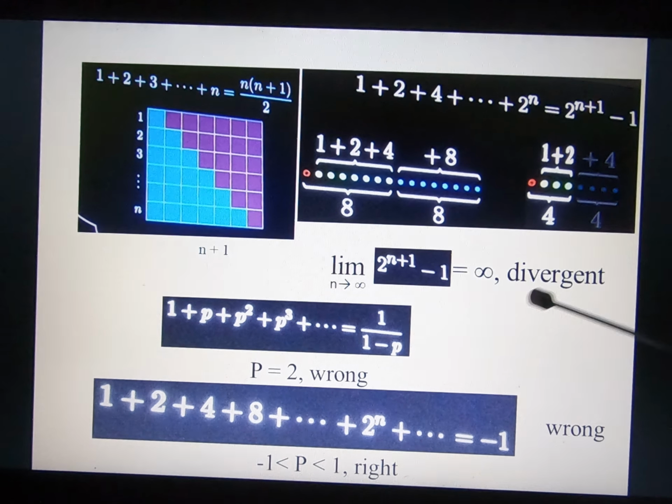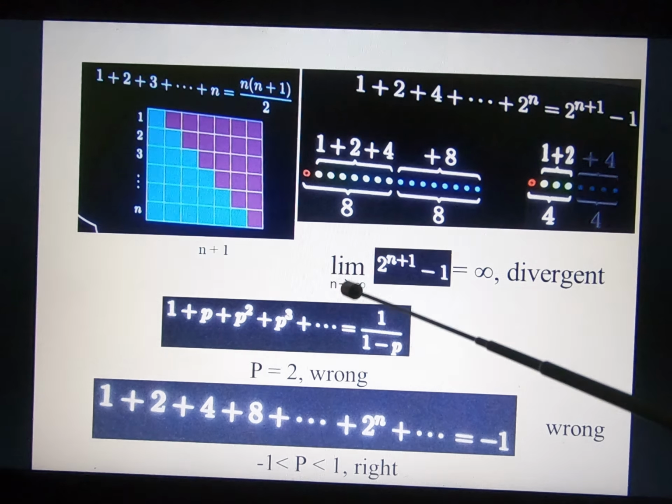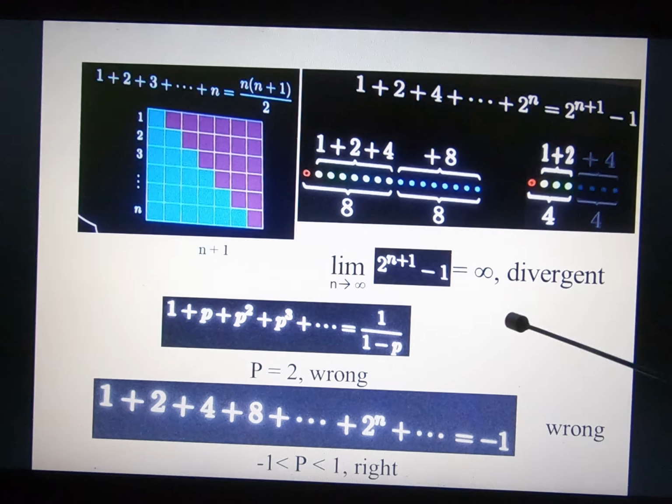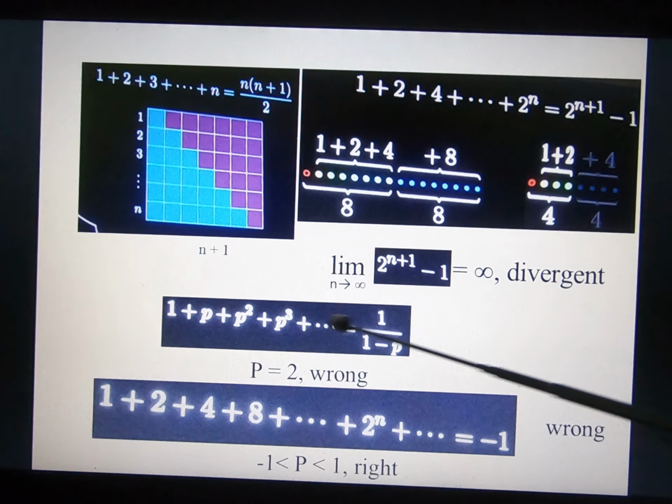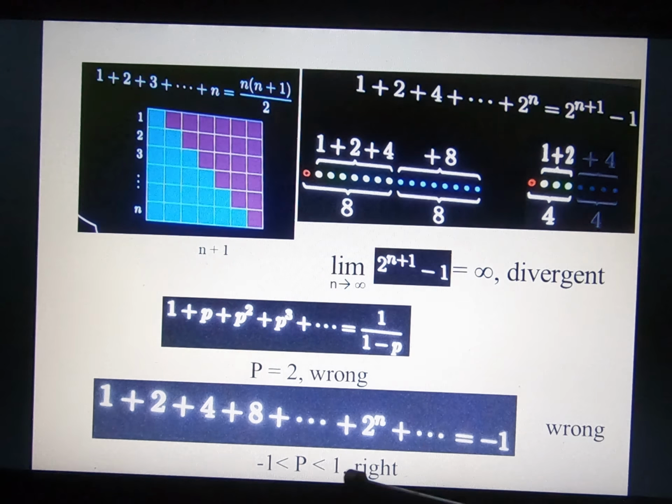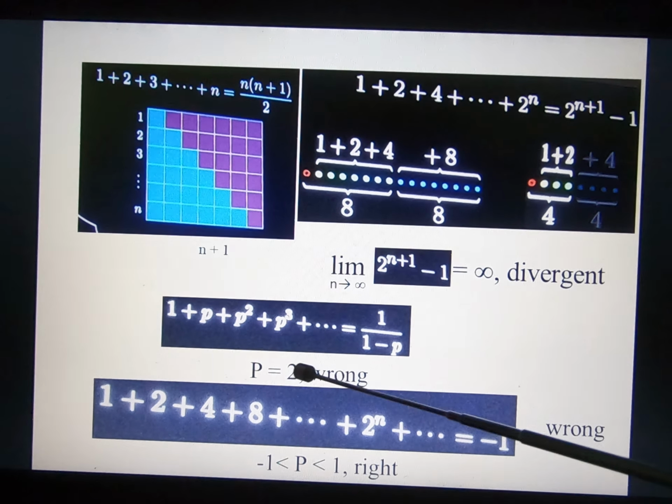And you can see when you take the limit as n goes to infinity, it actually becomes infinity, so it diverges. And this power formula should be for p greater than -1 and less than 1. If you plug in p equal to 2, you actually get -1, and that's not right.